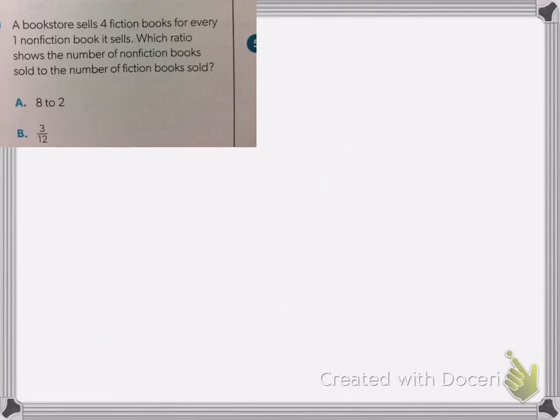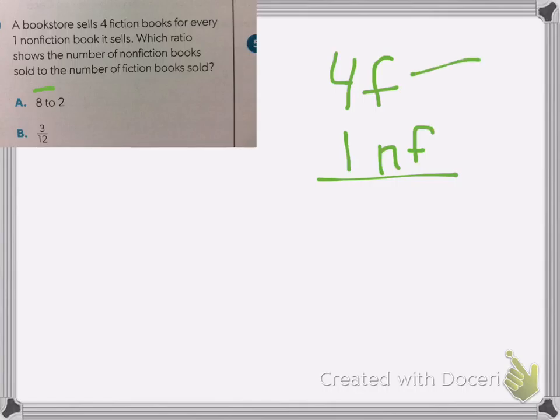Another example of proportions is this, which is actually ratios. A bookstore sells 4 fiction for every 1 nonfiction. Which ratio shows the number of nonfiction books sold to number of fiction books sold?